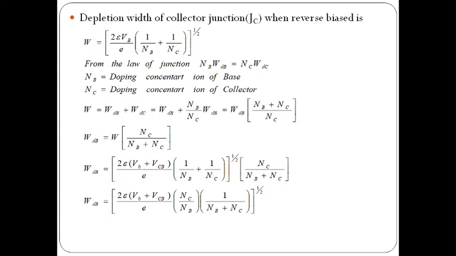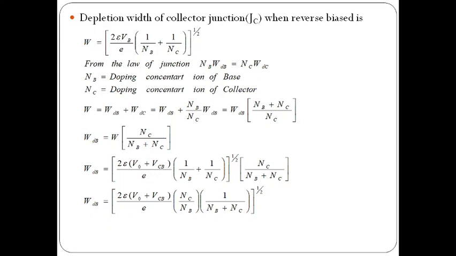Here we can define the law of junction. It is NB into WDB equals NC into WDC, similar to the PN junction where we defined NA WP equals ND WN. So the total depletion width can be written as the sum of the depletion width penetrating into the base region and the collector region, W equals WDB plus WDC.